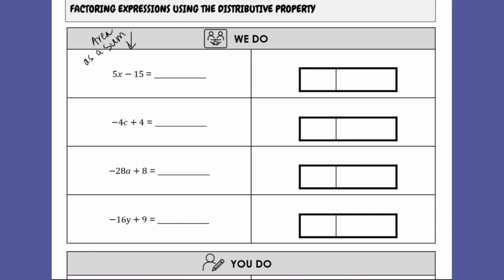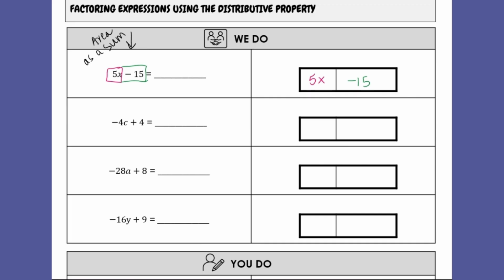So in every problem, the first term is the area of the first smaller rectangle, and then the second term is the area of the second rectangle. That's how I start setting up my area models.